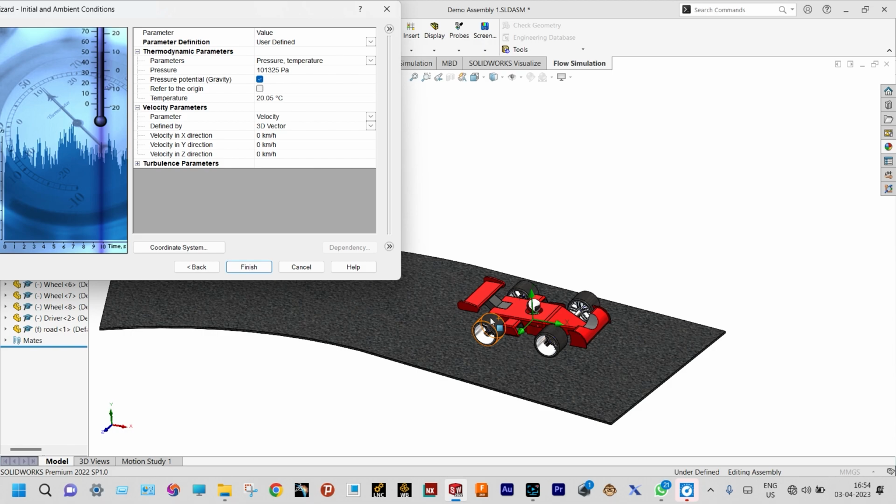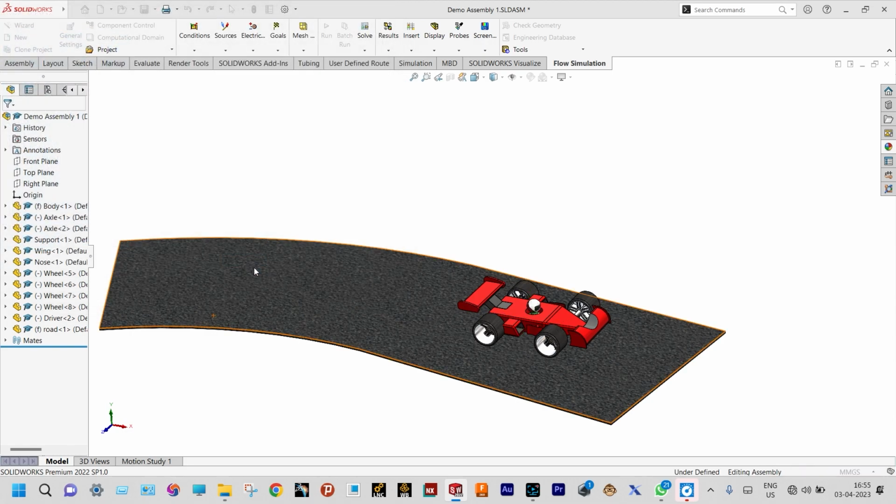So we can provide this in the x direction. With this, let us finish this.